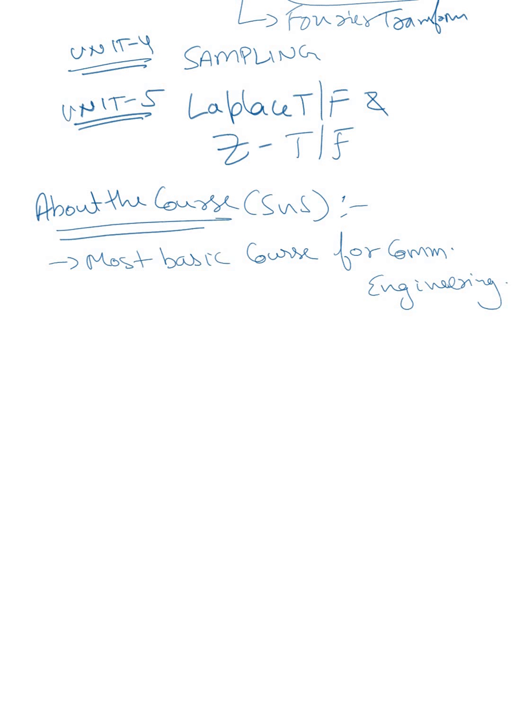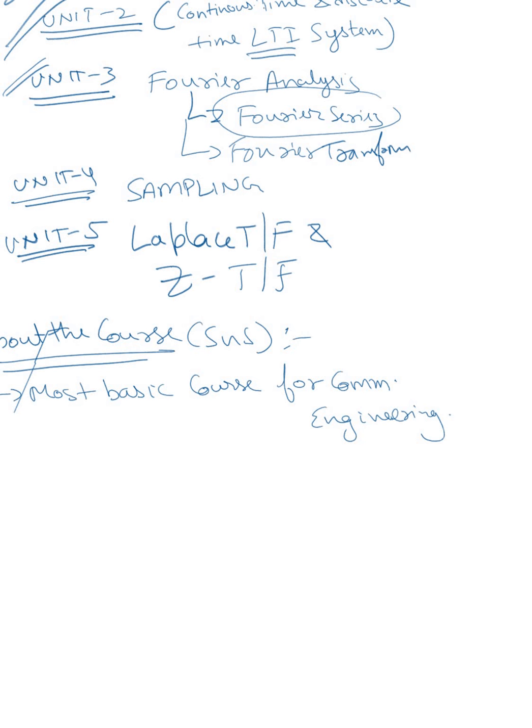It is actually a prerequisite to all the communication-oriented subjects like principles of communication, digital signal processing, information theory and coding, wireless communication, modern digital communication, cooperative communication. All these courses will be coming in your future semesters.